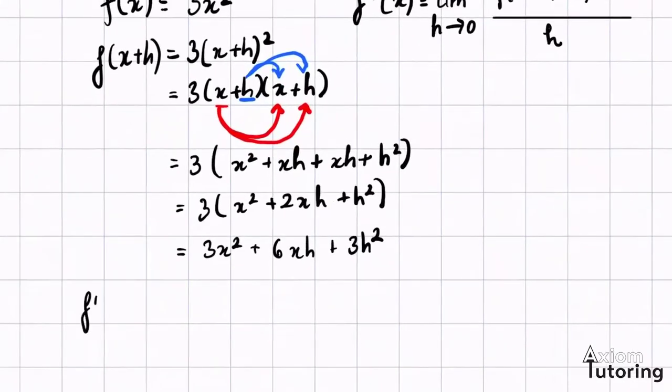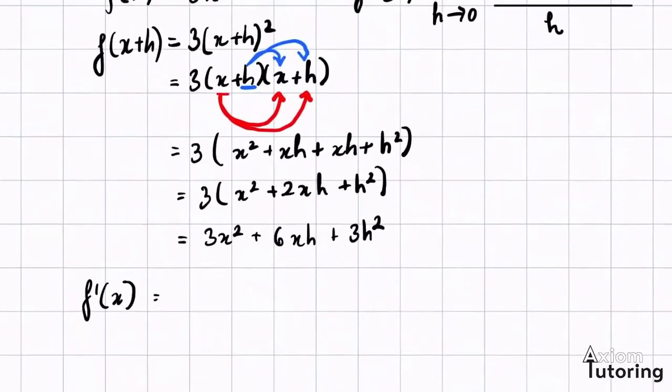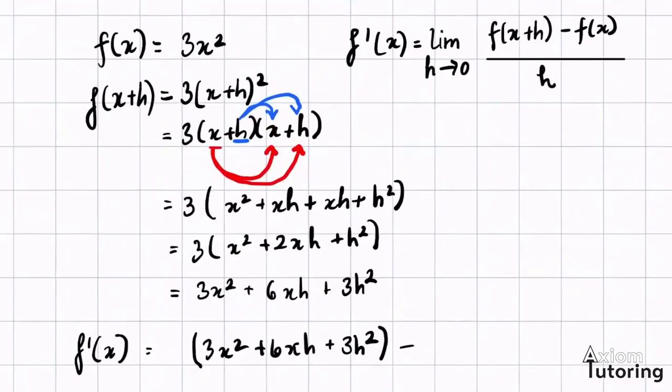So f dash of x is equal to f of x plus h, but we just worked that out. It's going to be this here. So it's 3x squared plus 6xh plus 3h squared minus, so just to make sure we understand, I'm putting that first expression, f of x plus h, in brackets because we're taking that and then from there we're taking away f of x.